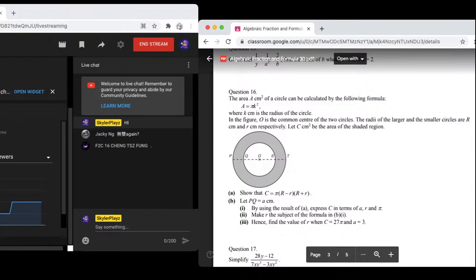X is R plus r minus R. A, R and pi. A tough question. How to solve this? A, R and pi.